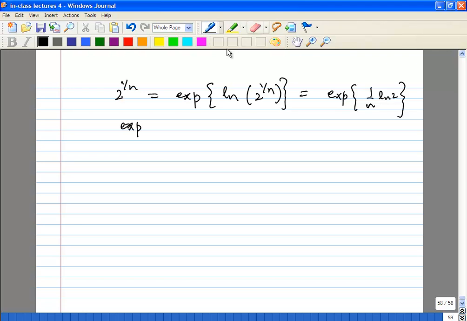So now what we are going to do is expand it as a series, and we'll just take the first two terms. Assume that n is very large so that the other terms are negligible. So you just get 1 plus 1 over n ln 2. So what is this?